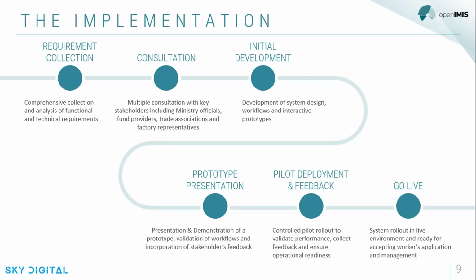Real benefit applications or claims were entered into the system. Then we saw how it works, and whether we can complete the full cycle or not. Then based on their feedback, usability and user experience, we updated the system, and now the system is live.